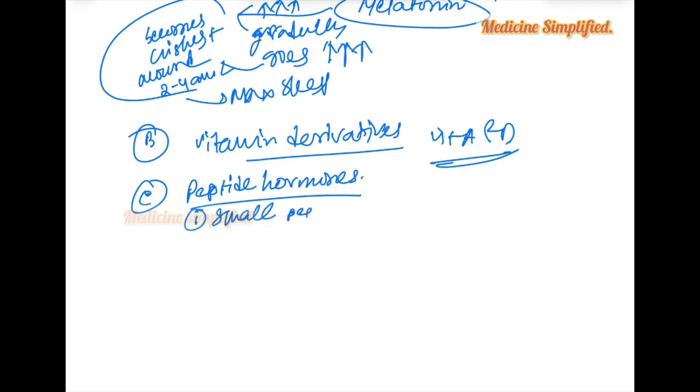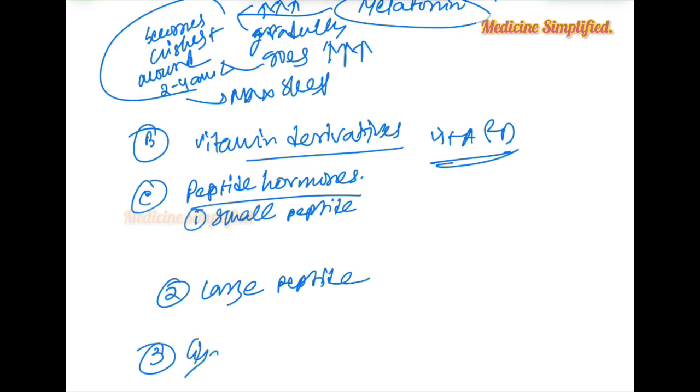Number 3 is peptide hormones. There are three types of peptide hormones: number 1, small peptides; number 2, large peptides; and number 3, glycoprotein hormones. Taking them one by one.